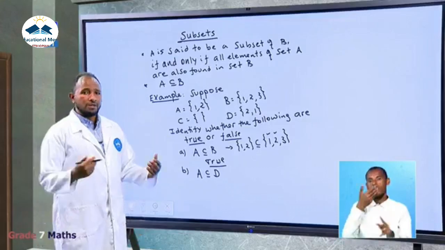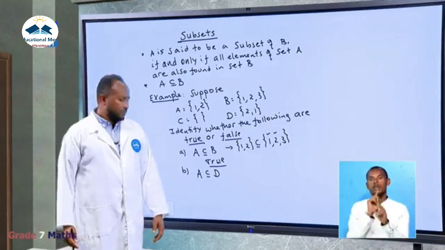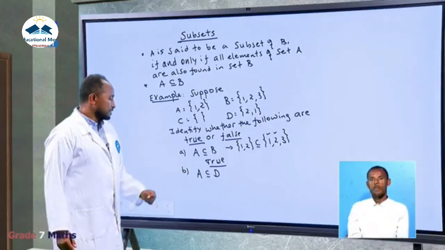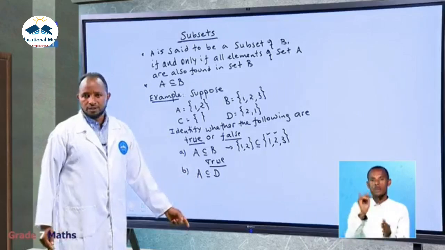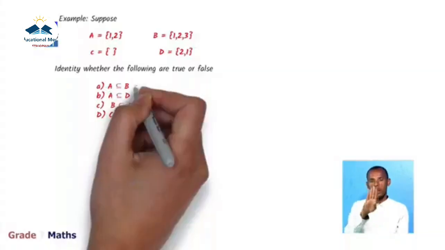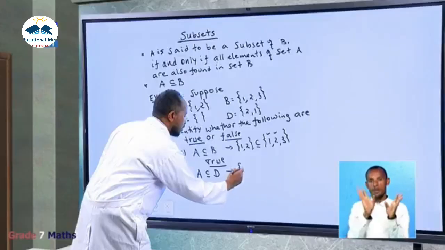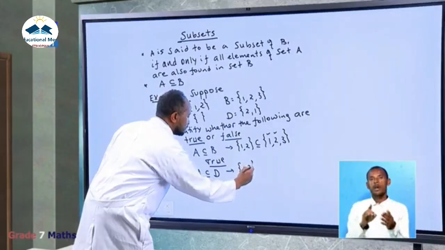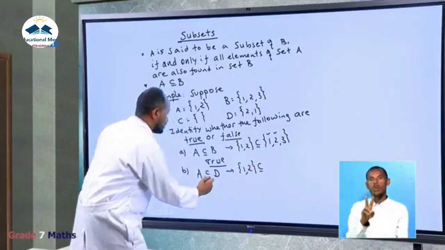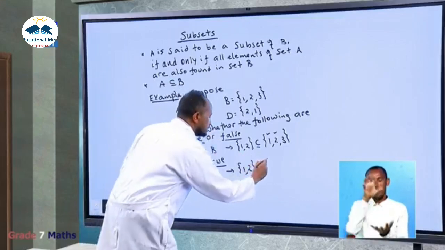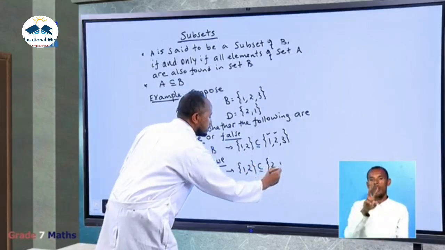Very nice. Now let's see the answer together. Here it says A is a subset of D.